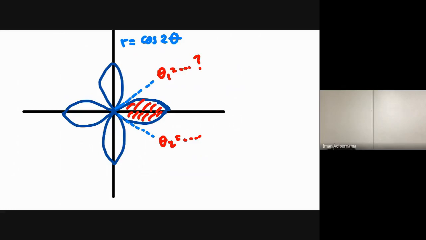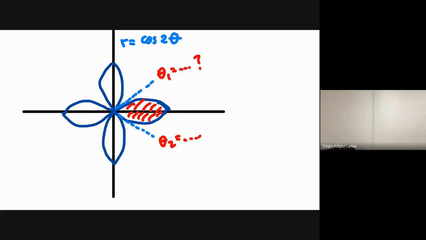Now, if we look from the polar perspective, the first thing we need to make is the baseline, and you can rotate the angle, right? When you rotate the angle, it will stop here at some theta.